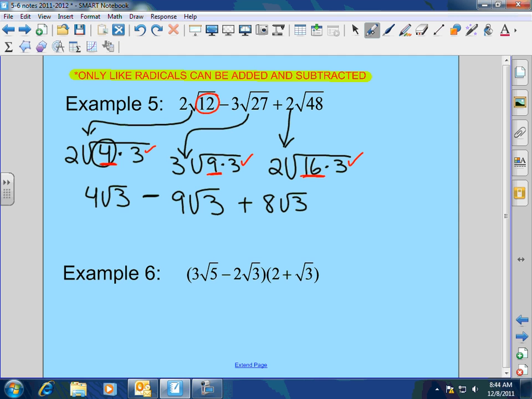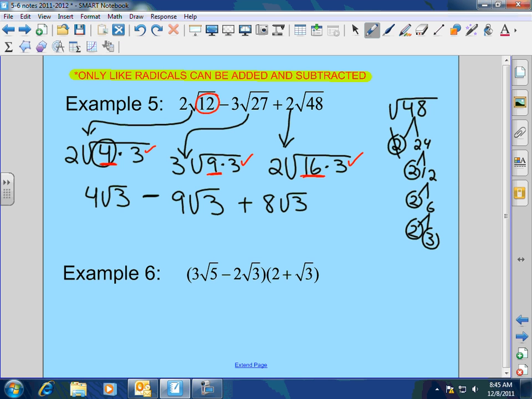So for example, let's say I have the square root of 48 here, and I don't remember that that's 16 times 3. I can break this down to 2 times 24, 2 times 12, 2 times 6 and 2 times 3. Remember, we're dealing with a square root in this particular case, so I can take out one value for every set of 2.